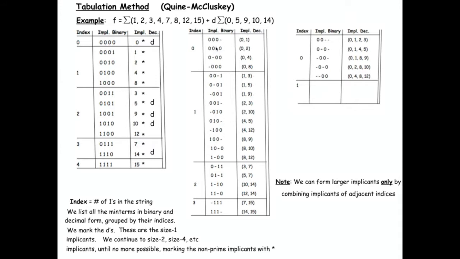So 0, 2 is 0, 0, dash 0. 1, 3 is 0, 0, dash 1. So again, it's adjacent to it, but why do we not write it down? As the student said, we already have it, because saying 0, 2, and 1, 3 is the same as saying 0, 1, and 2, 3. Because it's commutative, you're simply describing the cells on the Karnaugh map, and no matter in what order you list them, it's still the same cells. It's the same square.